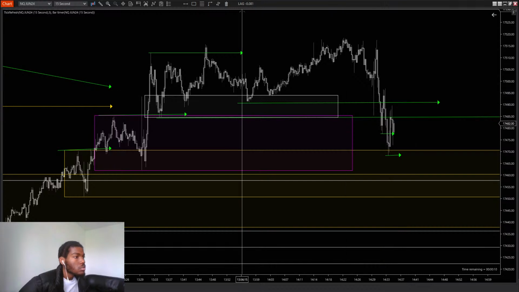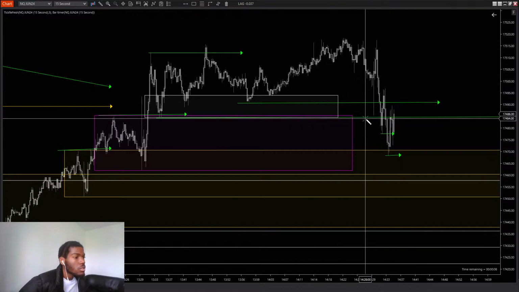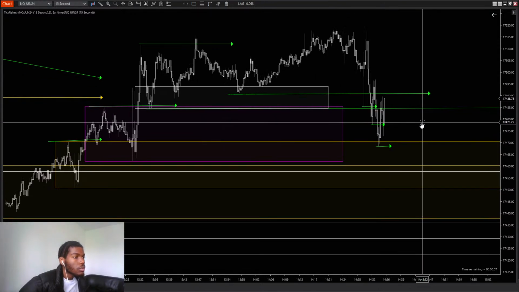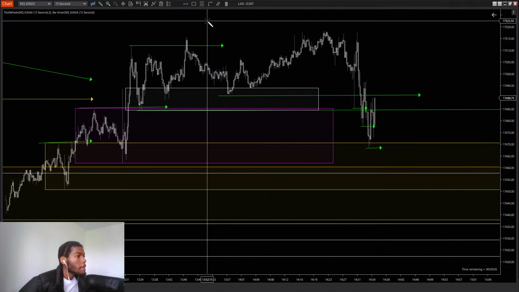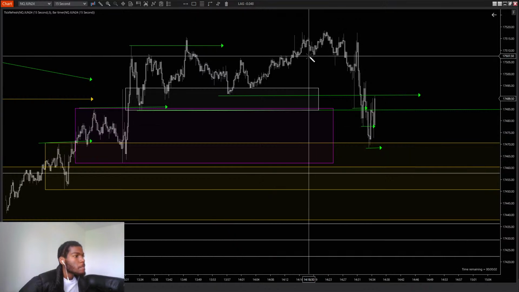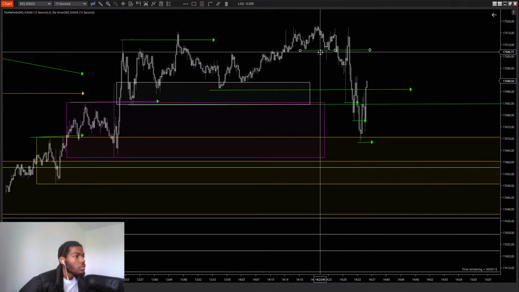Let me get rid of this because I'm not even going to be showing from the areas there. Okay, that's the initial break. I don't count that.